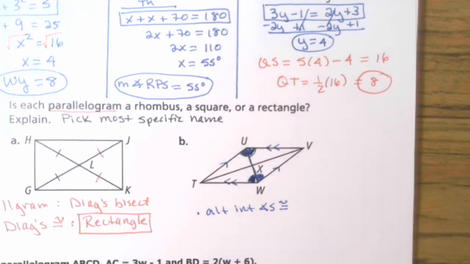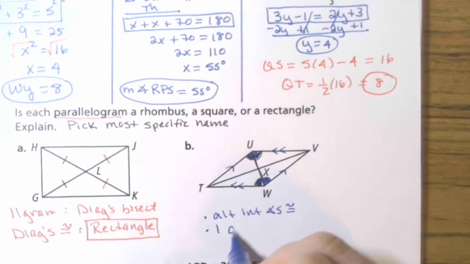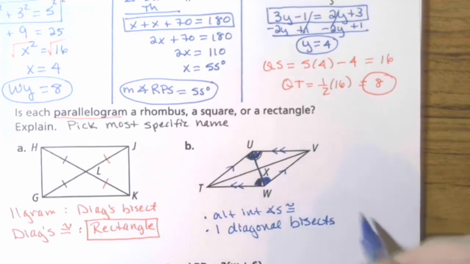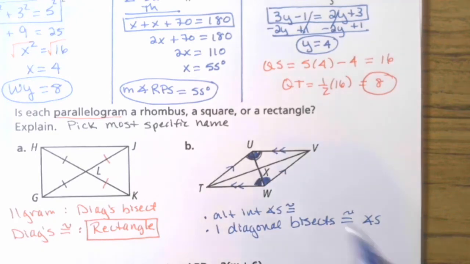So looking at this, we do know that it's a parallelogram. We also know that we have one diagonal that bisects congruent angles. And we have a theorem that says if you have a parallelogram and one diagonal bisects the angles, it must be a rhombus.